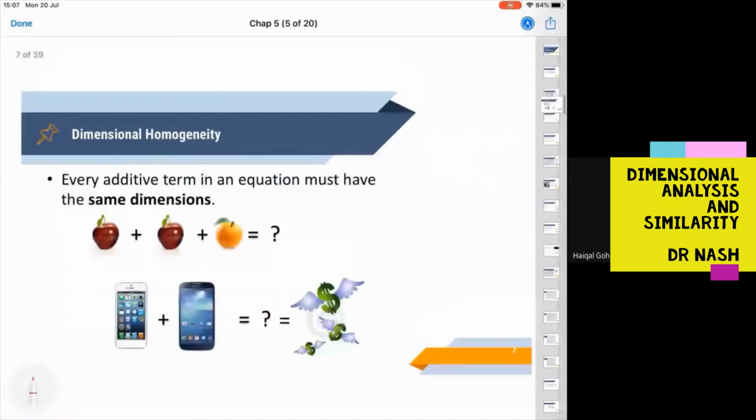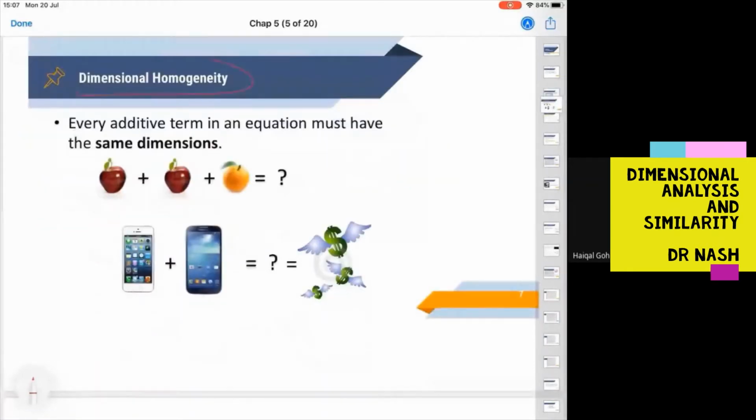Dimensional homogeneity. What does dimensional homogeneity mean? Dimensional homogeneity means when we do the summation of a few parameters or a few equations, the unit and dimension must be equal, right? For example, every additive term in an equation must have the same dimension.